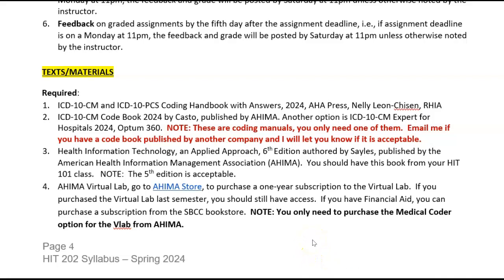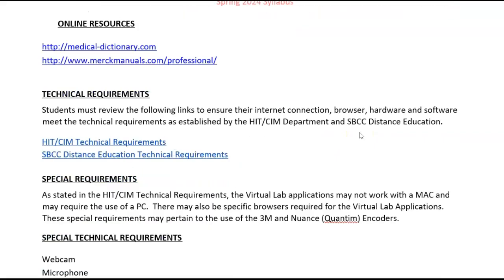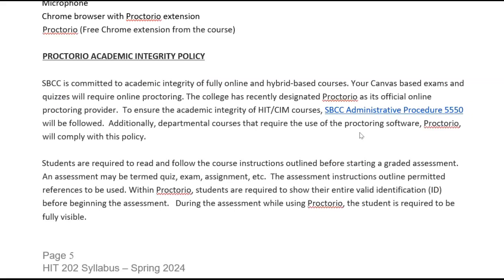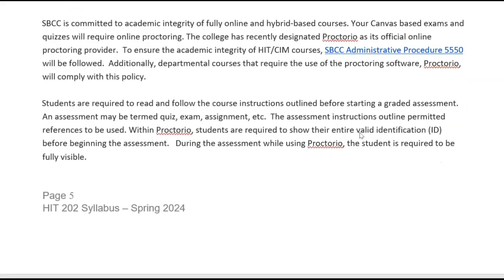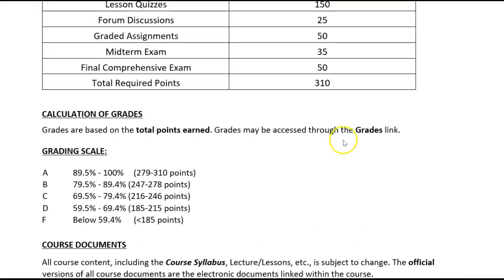This is a really good book. It gives you a whole roundabout information on the HIM profession itself. All right, and don't forget your virtual lab. If you click on here, it takes you to that AHIMA store. All right, so we do utilize Proctorio for testing.